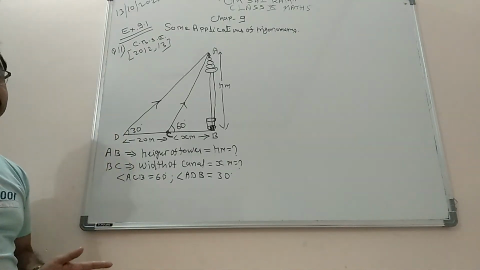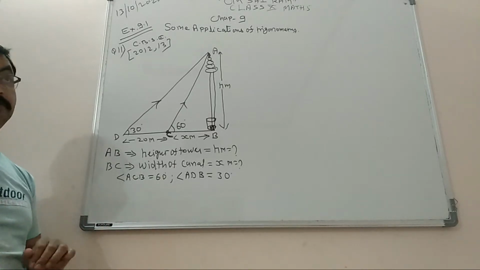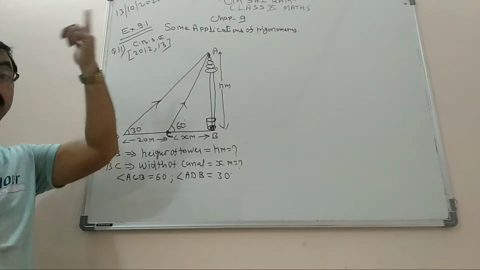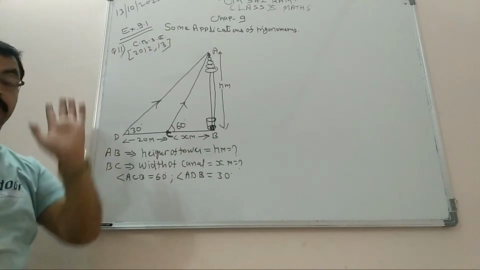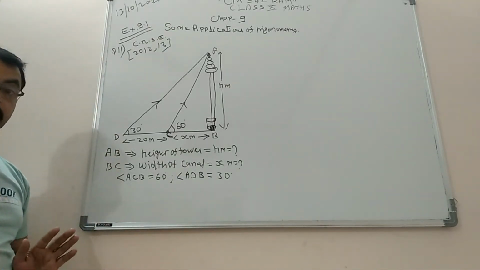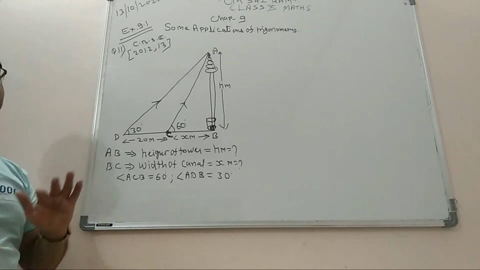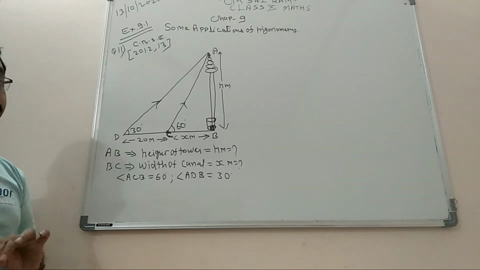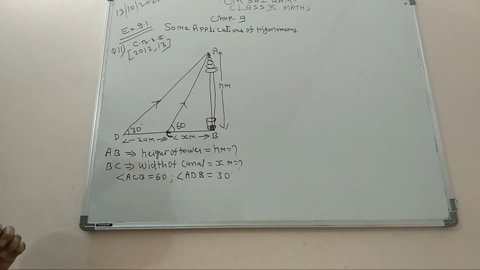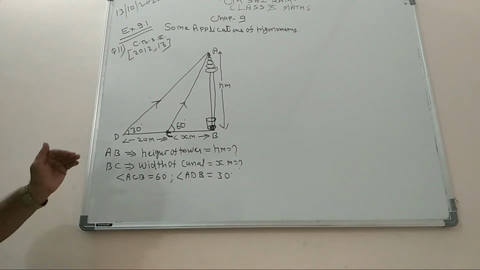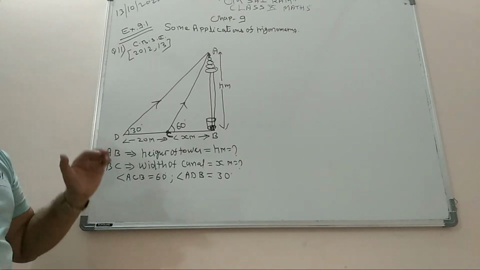After this we study the angle of depression, when we observe from top to bottom, building to ground. And sometimes we get the angle of depression and the angle of elevation both together. In the next question we will do that, in NCERT only. So till now we worked only on the angle of elevation.